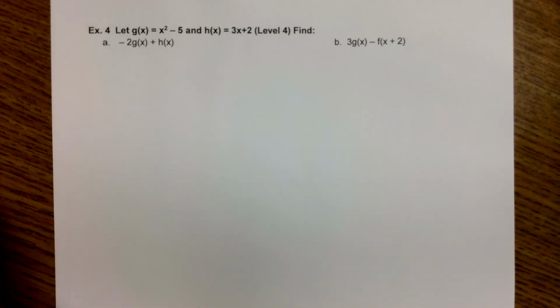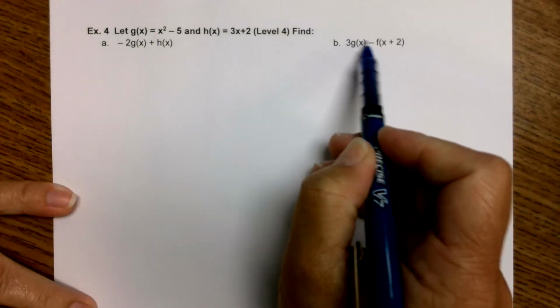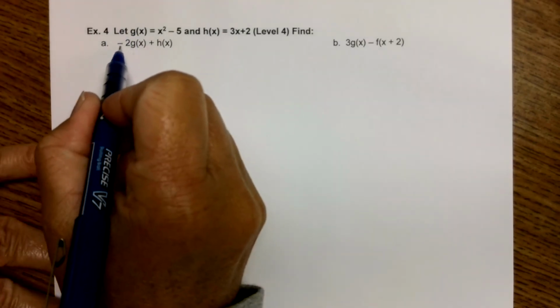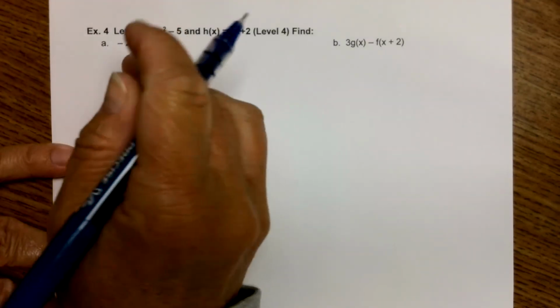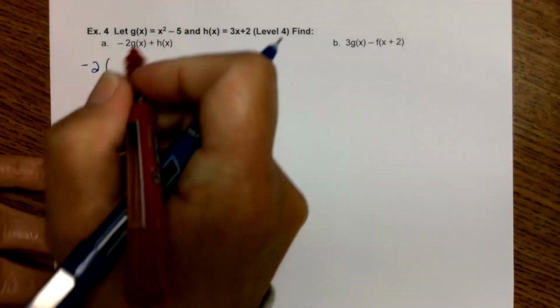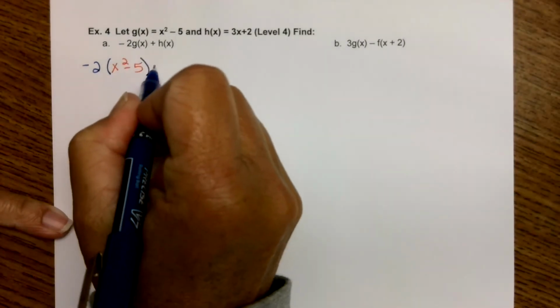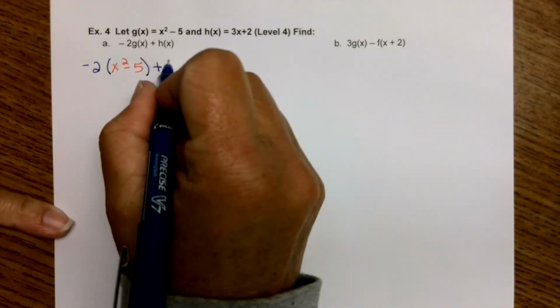These last two problems will get you to a level 4, which is called a linear combination. If you see, there are these extra numbers that are going on. What this is saying is they want to take negative 2 times all of g. So I'm going to take negative 2 and multiply by that entire g function plus all of h of x.